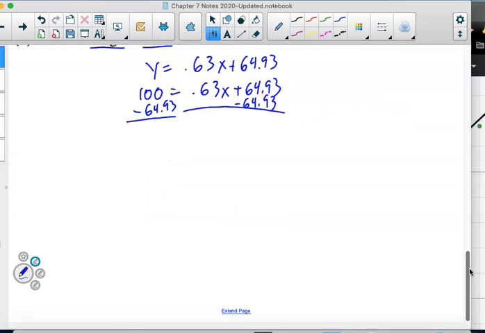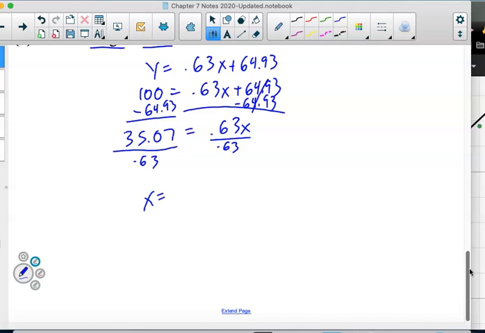And so we're going to get 35.07 over here and 0.63x over here. Remember, these two cancel out, that's why we're doing it. Now I want to get the 0.63 away from the x, so I'm going to divide by 0.63.